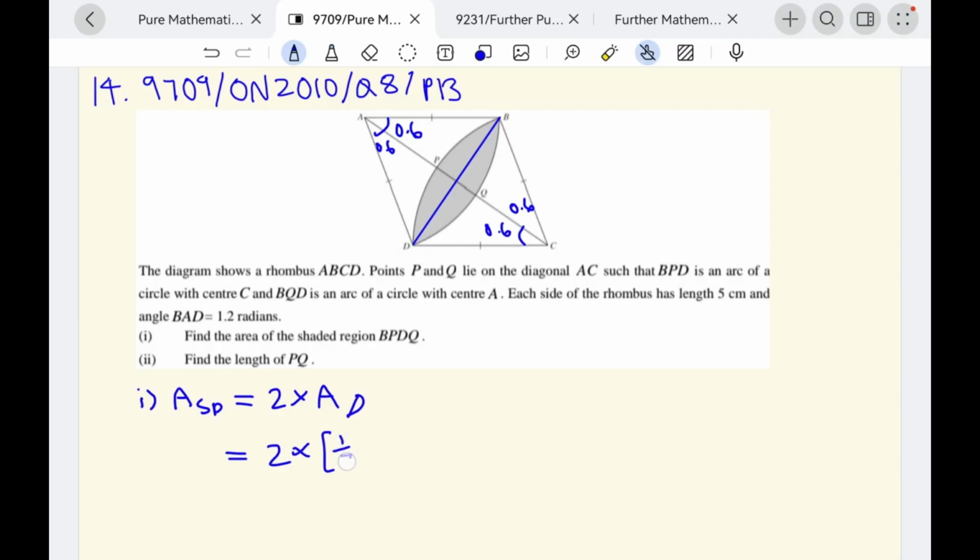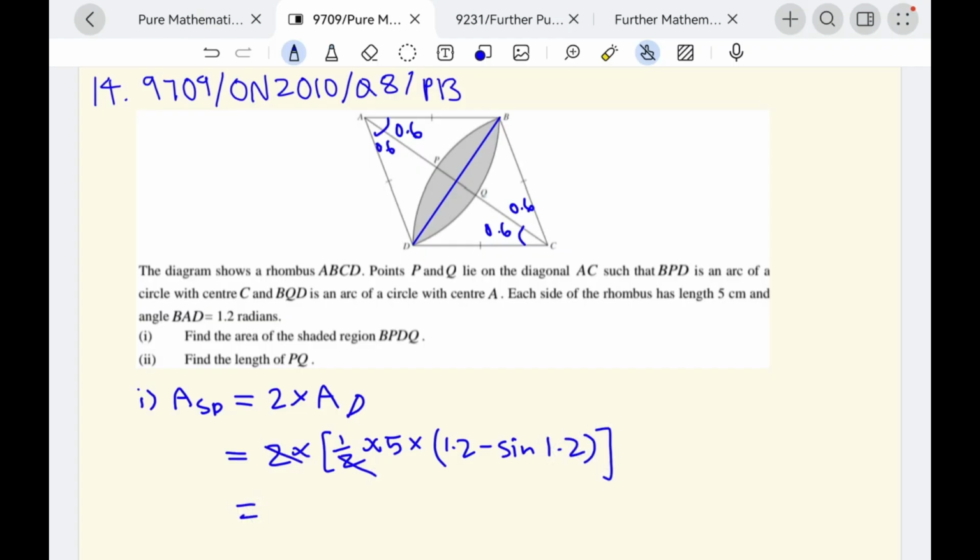So just apply the formula in your workings, and the radius is 5. And what is your angle? The angle is 1.2, minus the sine of 1.2.